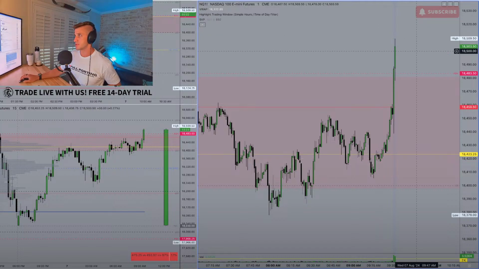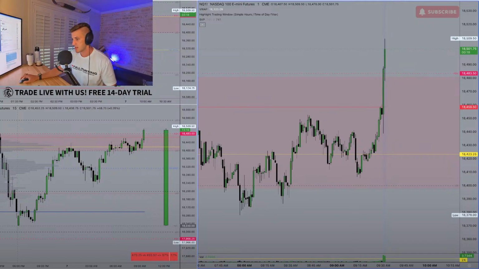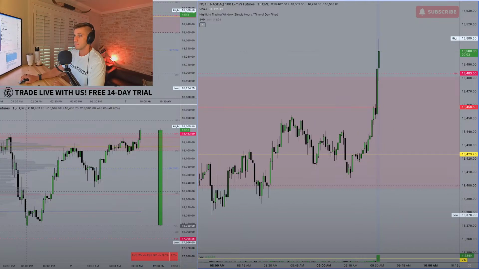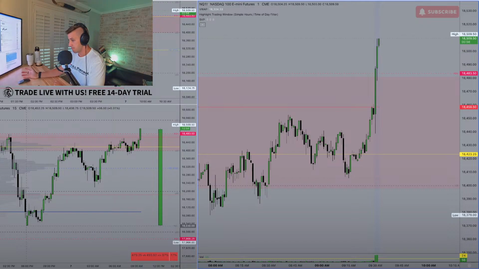Okay, good push through that prior day high. Looking good. Buyers showing their strength. Now, main objective is to hold above that 483 area. See if there's going to be a breakout play or not. Ideally, we see some sort of retest of the prior day high. May not come.